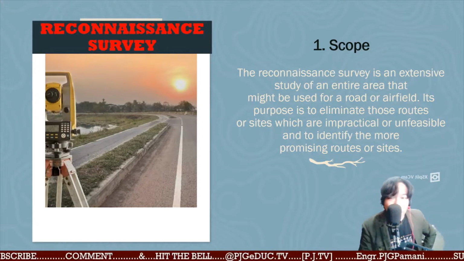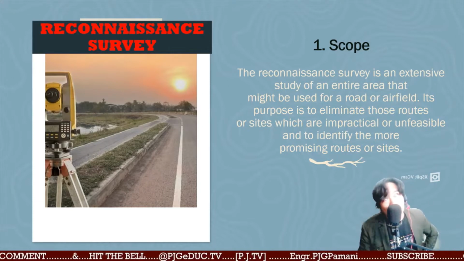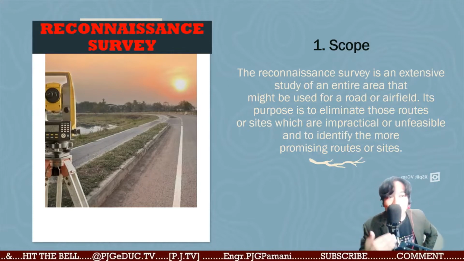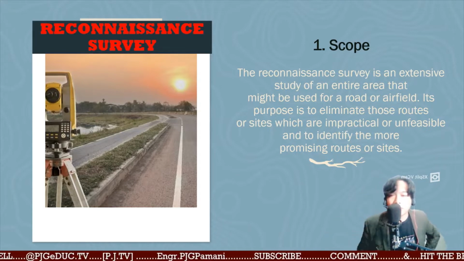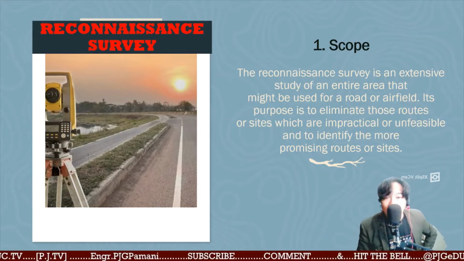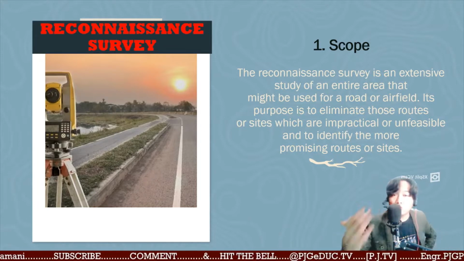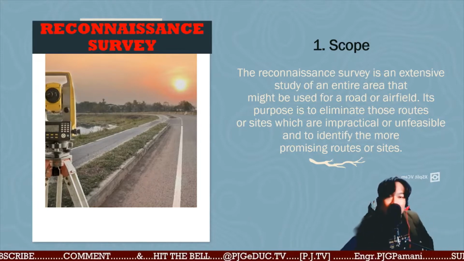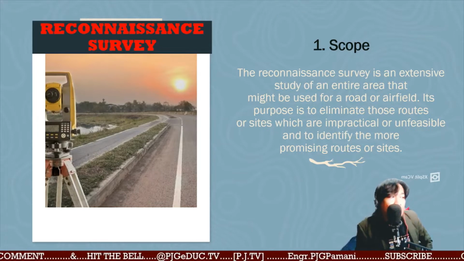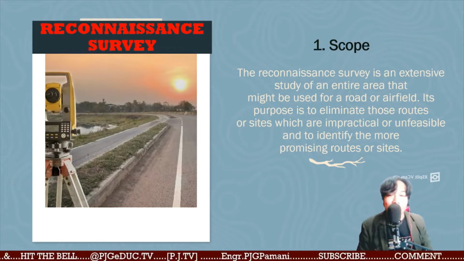How do we need it? Are we going to encounter some problems along the way during these surveys? Its purpose is to eliminate those routes or sites which are impractical or unfeasible, and to identify the more promising routes on the site.